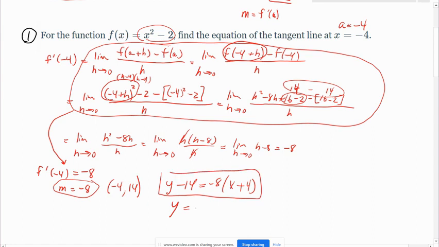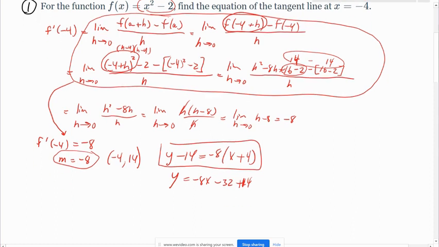If you wanted it in slope-intercept form, that would be negative 8x minus 32 plus 14 when you add 14 to both sides. So that could also be written as y equals negative 8x minus 18. Those are both the same line. It doesn't matter which form you put it in. Those are both correct.